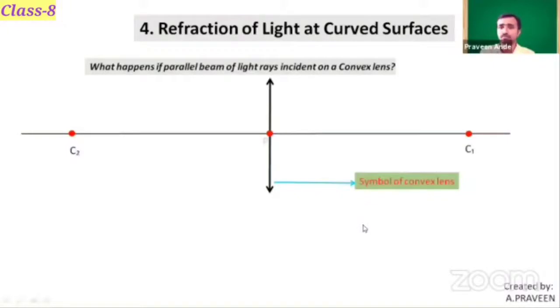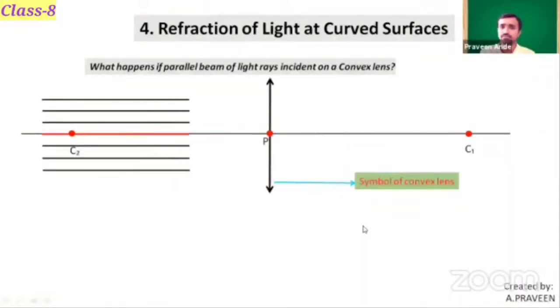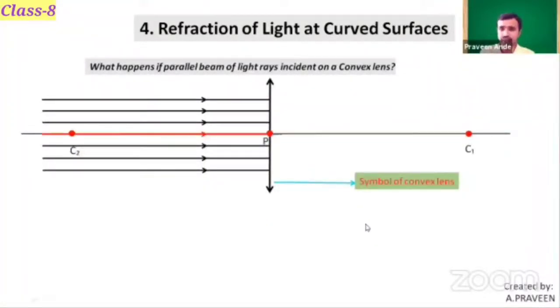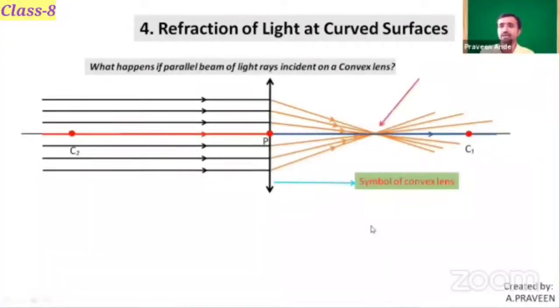Identify the pole, then incident the parallel beam of light rays. What happens after the incidence? They refract, then converge at a common point. That point is the focus, named f1 because it is the first surface.